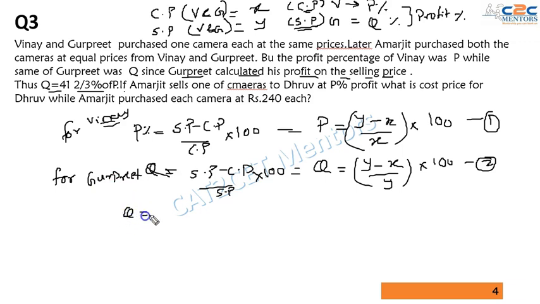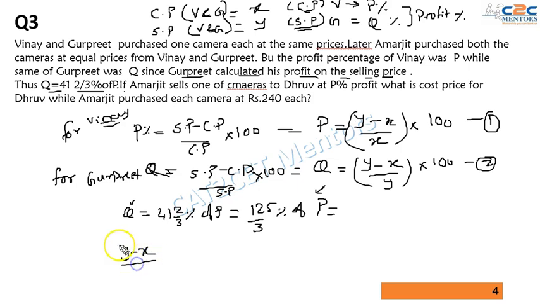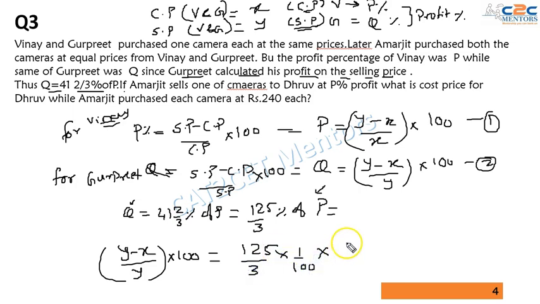Now I am given that Q is equal to 41/2 percentage of P, that is nothing but 125/3% of P. If I put the values of Q and P from equation number 1 and 2, Q is (Y minus X) upon Y multiplied by 100, equal to 125/3 percentage, that is 1/100, of P. My P is nothing but (Y minus X) upon X into 100.